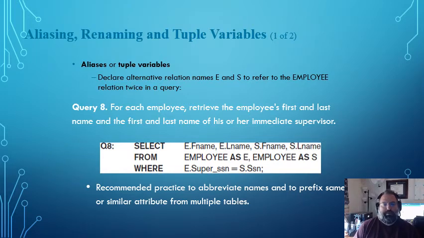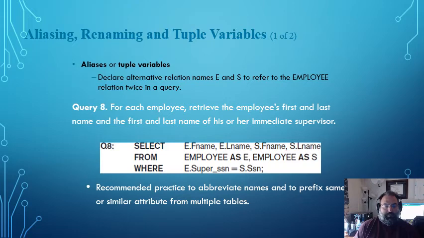Aliasing and renaming and tuple variables: sometimes you want to be able to select something as something else, and that's literally how it is done. You add the word as after the table that you're selecting from, and it's a way of doing aliases on the table names. You can also do something similar on aliases on the attributes being selected.